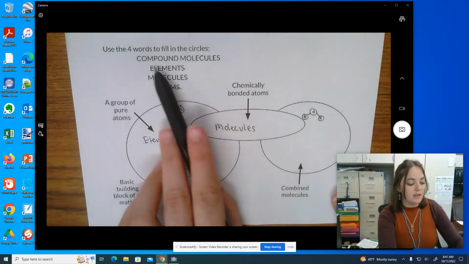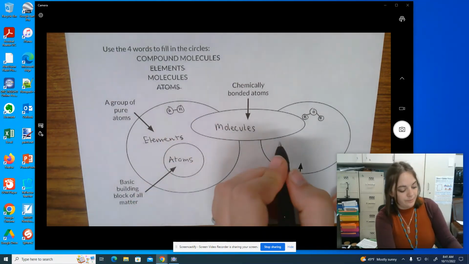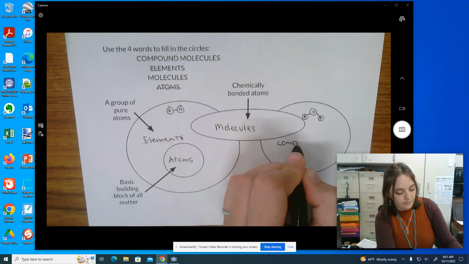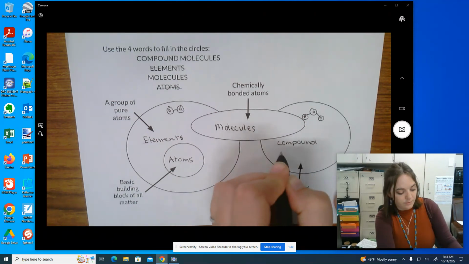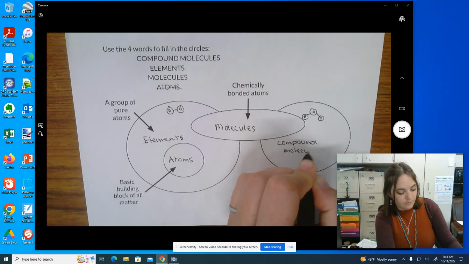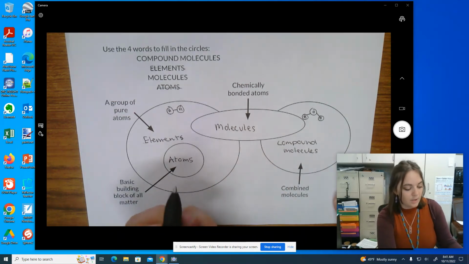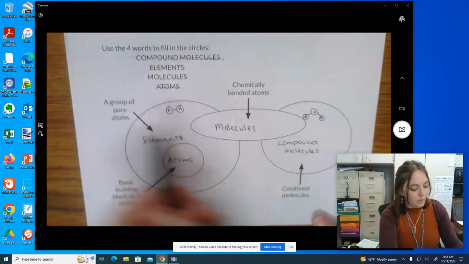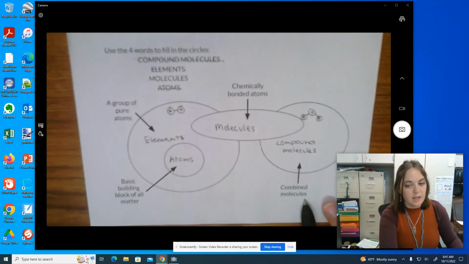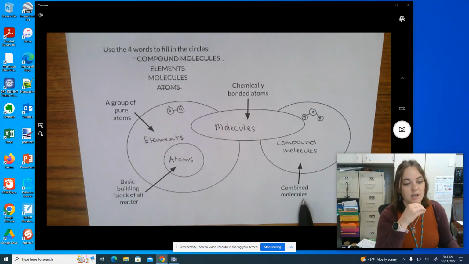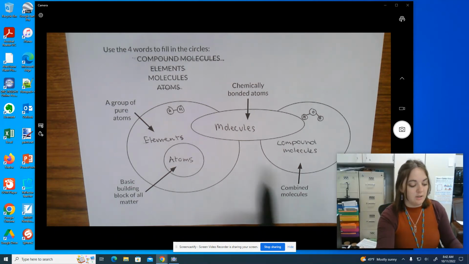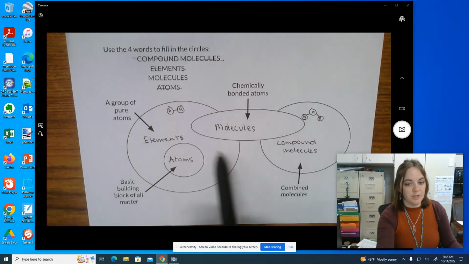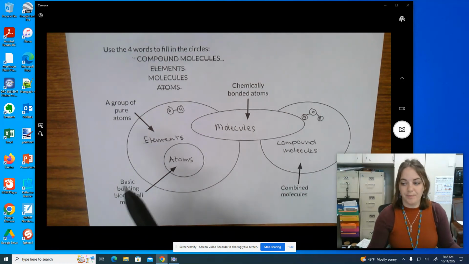So we call that a compound molecule. It's where we have combined molecules, but it's also just stuff that is made up of different types of elements. So that is why molecules encompasses these 2 circles right here.